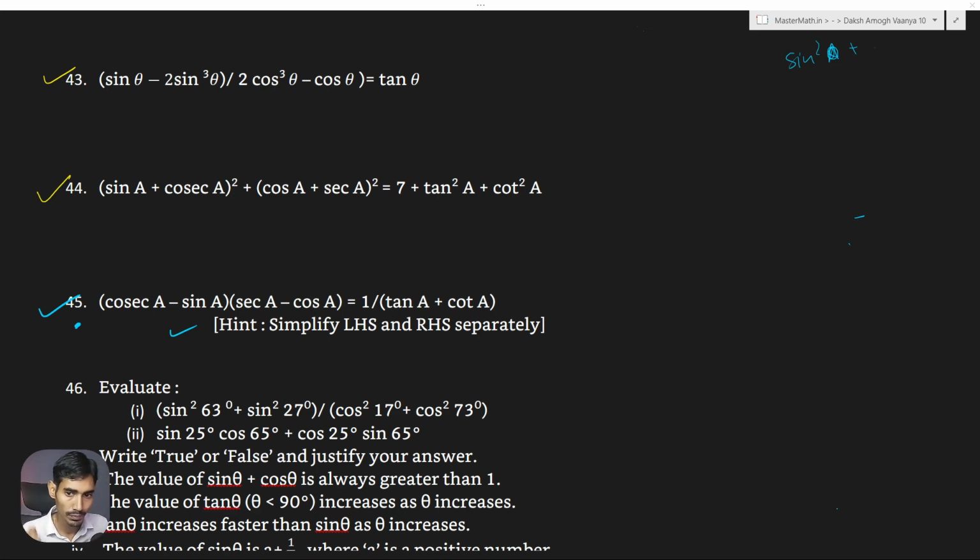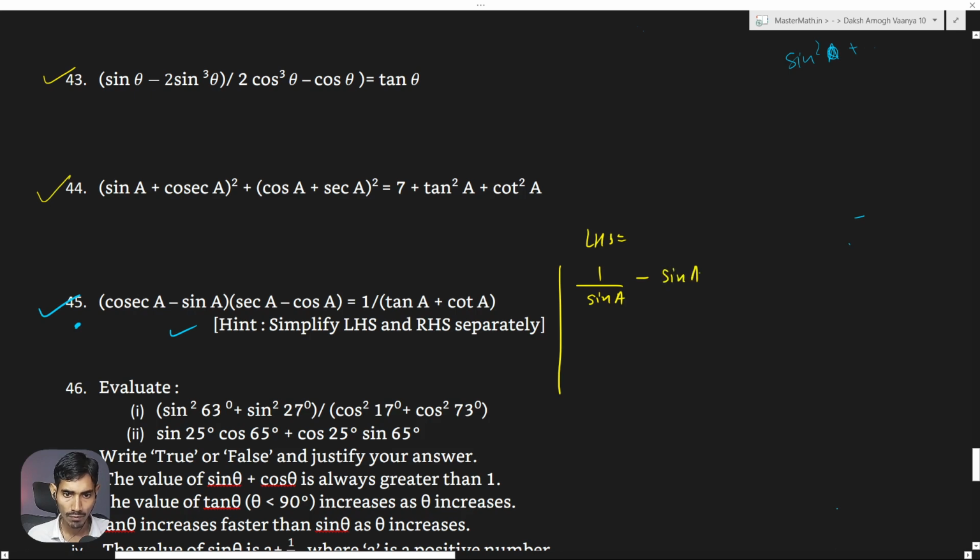Okay, Amok, you're done. Yes, Daksh, tell us how to do this. Yes, sir. Taking the LHS, cosec A minus sine A and sec A minus cos A, we can convert cosec A as 1 by sine A, and sine A remains the same.